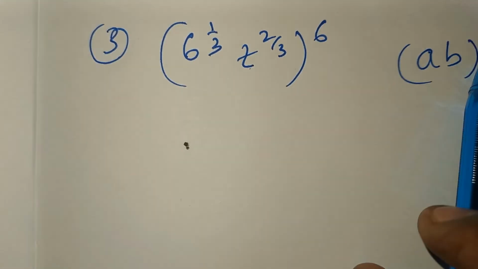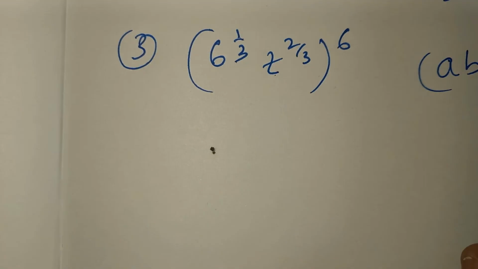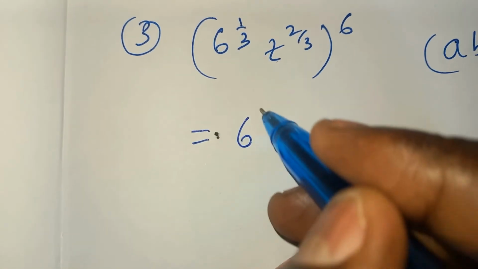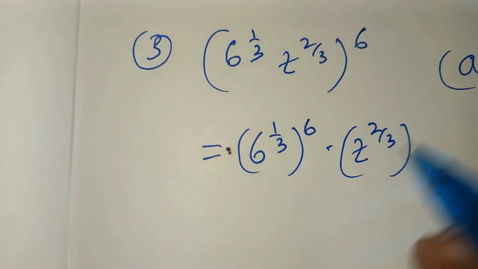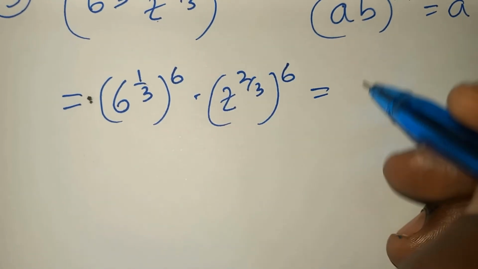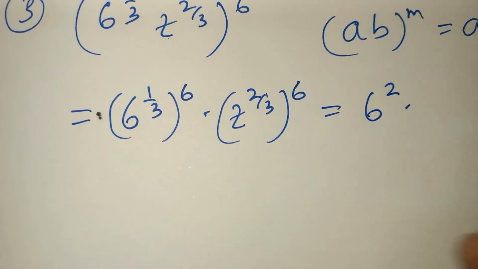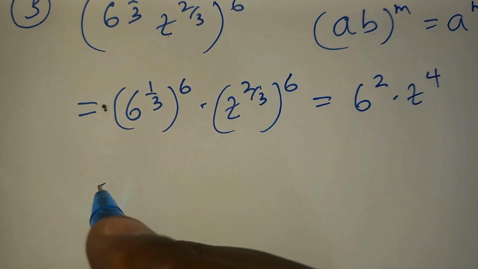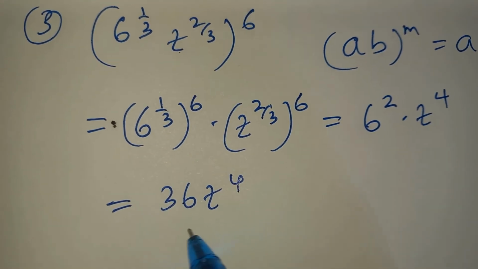And as we said earlier, when we have such a situation, the power is distributed over multiplication. So if you do that, then you'll have 6 raised to the power 1/3 raised to the power 6 multiplied by z raised to the power 2/3 raised to the power 6. Now, if you simplify each of these terms, then you'll have 6 squared. Now, 2/3 of 6 is 4, so this will be z raised to the power 4. So the answer becomes 6 squared z raised to the power 4.